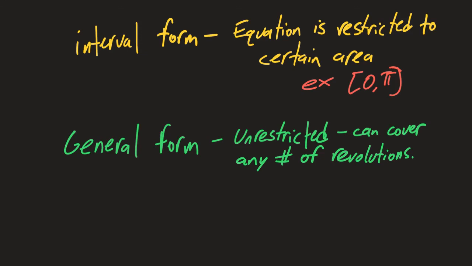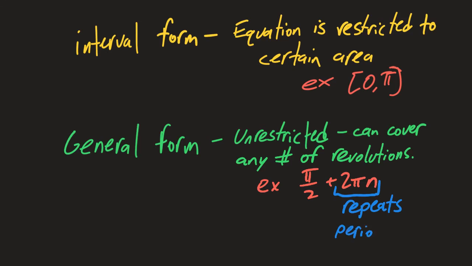And that's the time when you're going to see examples of something like pi over 2 plus 2 pi n, okay? And what this n piece signifies is that this repeats multiple times, and it is always the period times n.